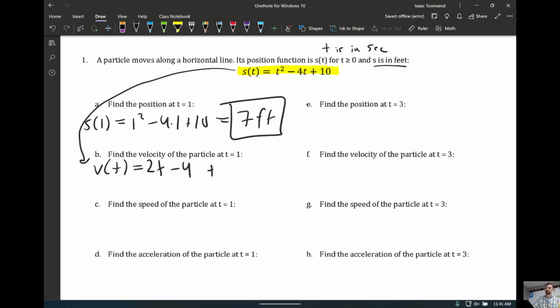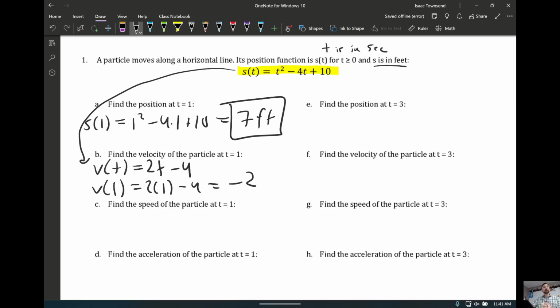Of course, 0 doesn't change anything. And that should kind of make sense, because if you're just adding 10 to the position one time, that doesn't change how fast you're going. It just added it initially. So now I've got a velocity function, and if I want to know the velocity at 1 second, I can plug in a 1 into it, and I get -2.